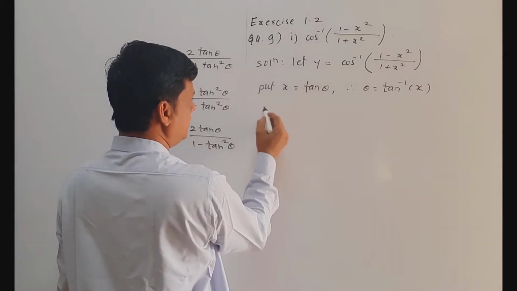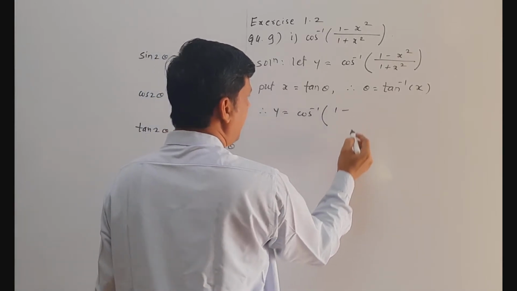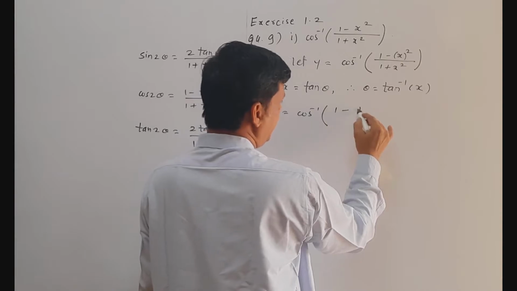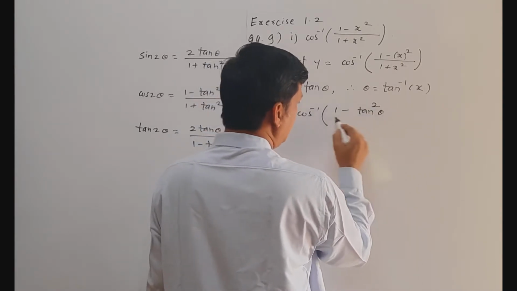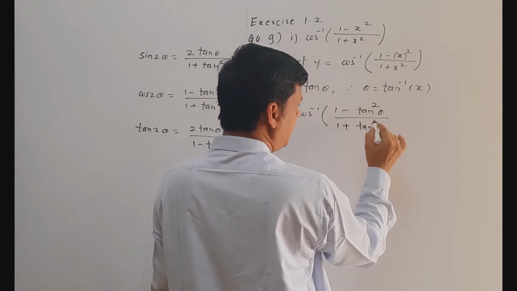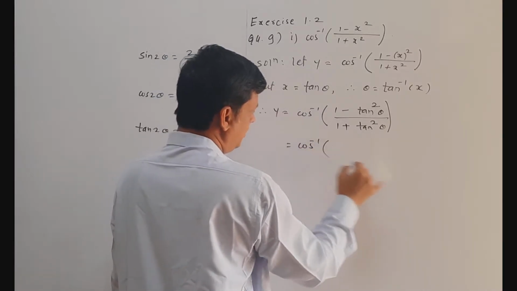Therefore y is equal to cos inverse of 1 minus tan square theta upon 1 plus tan square theta, where we put x as tan theta.